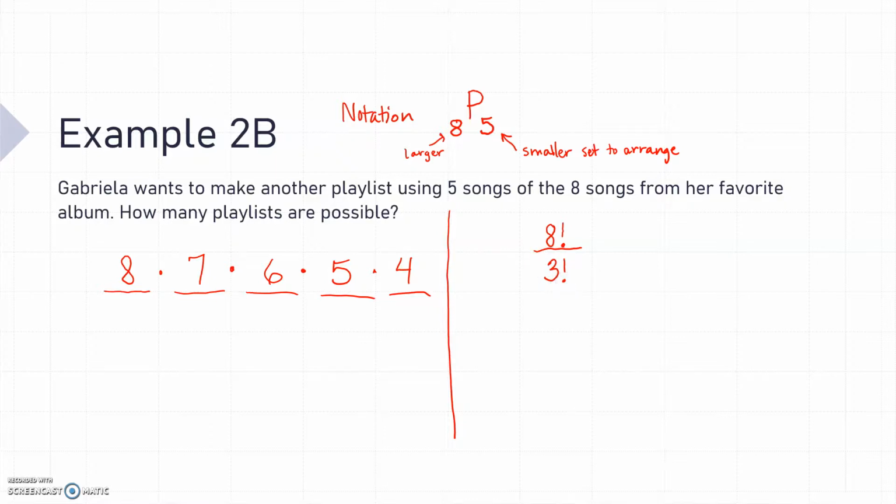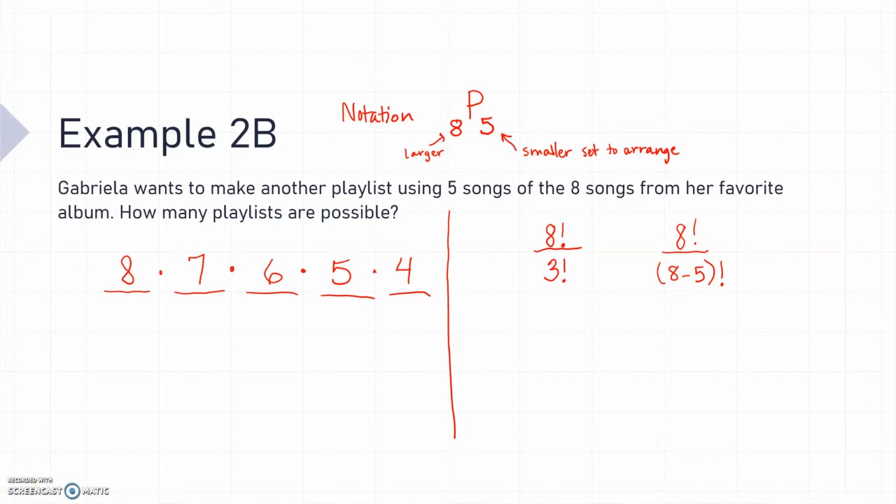So 8 factorial includes permutations that we're not actually using. So that would be 8 factorial divided by 3 factorial. Another way to write that would be 8 factorial over 8 minus 5 factorial. She's not actually using those arrangements because she didn't use those songs, so we divide 8 factorial by that number. I'm actually going to pause and pull up a calculator so that I can show you how you can type this on a calculator.